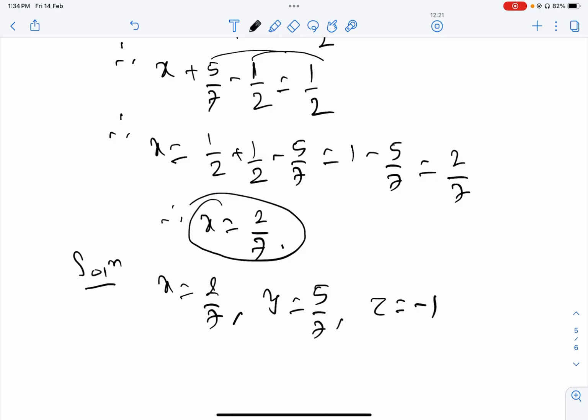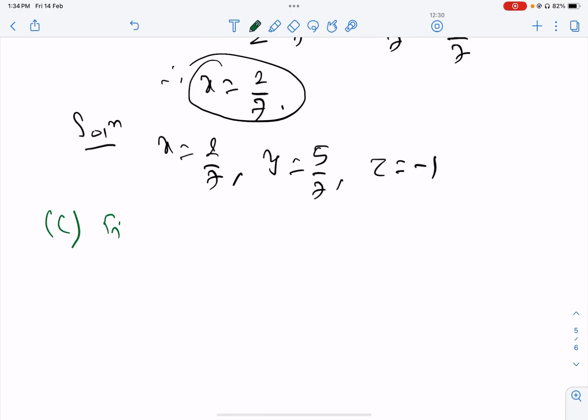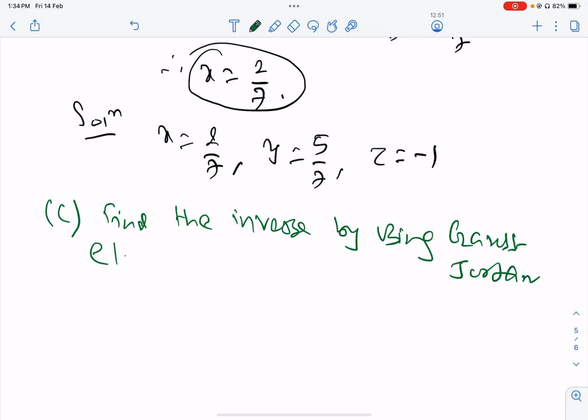Fine. Next, part C. The question is, find the inverse by using the Gauss-Jordan elimination method.